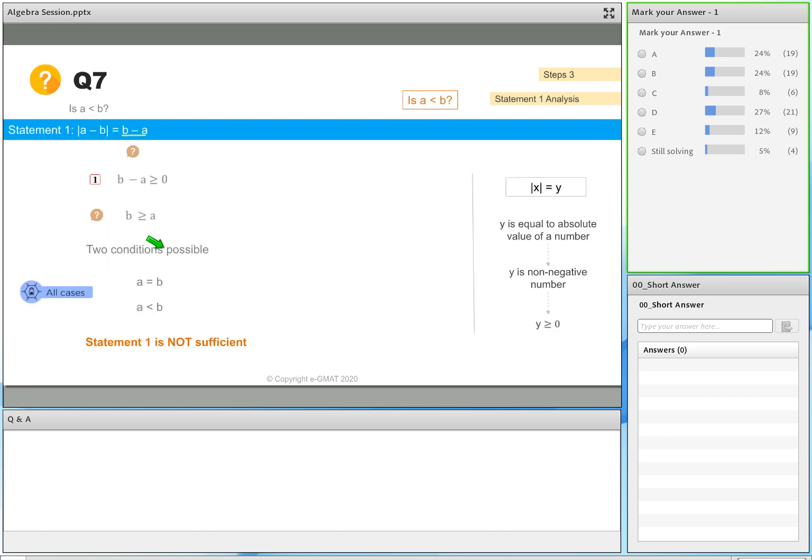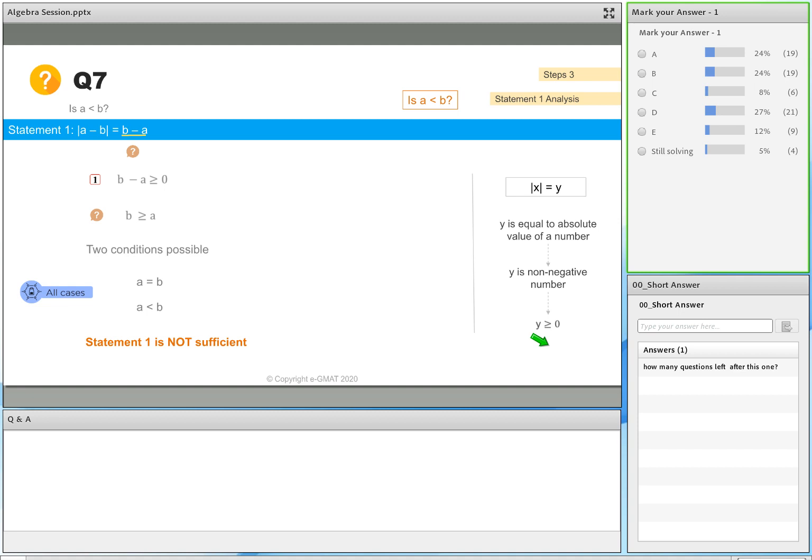Statement 1. The mod of A minus B is equal to B minus A. Come here on the side and look at this. When I have the mod of x, this value has to be non-negative because absolute values can't be negative. So y, which is the absolute value of something, is non-negative.